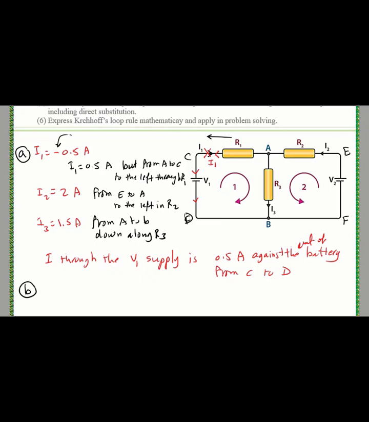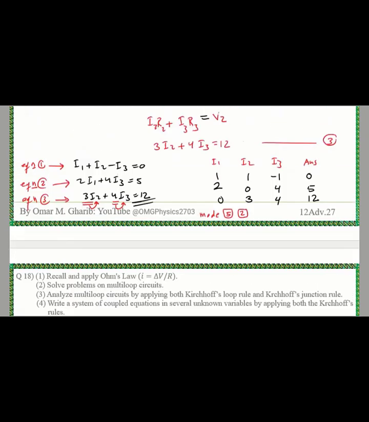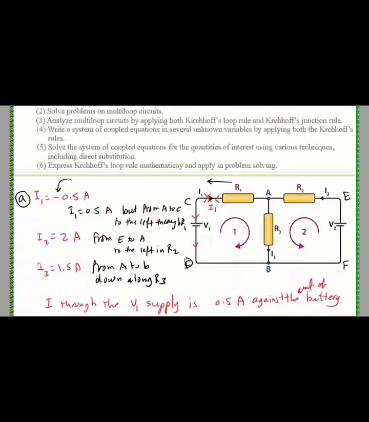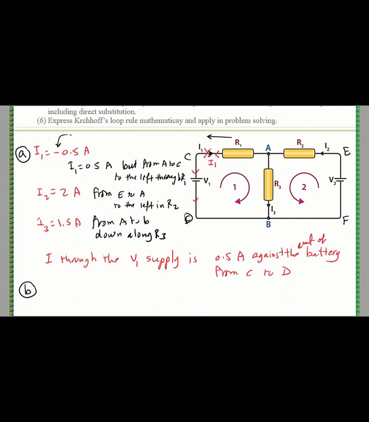Part B, the question asks me to find the potential difference from A to B. You can find the potential difference from A to B in any of the branches you want.